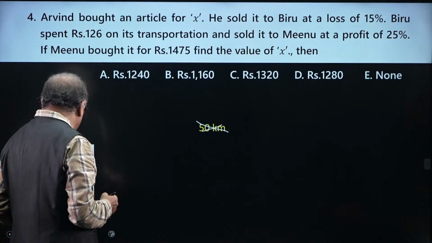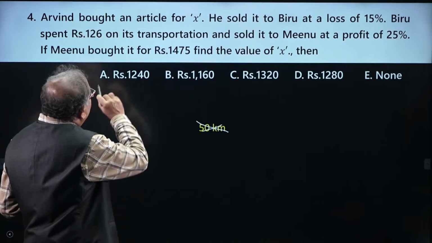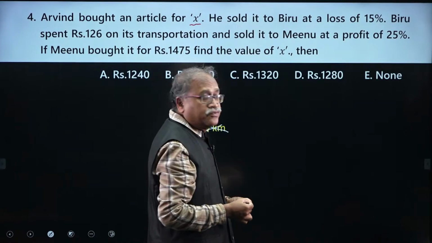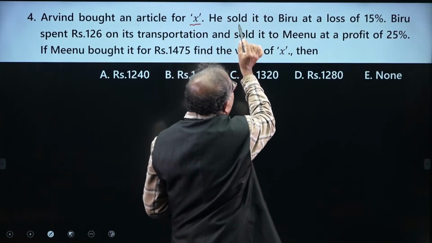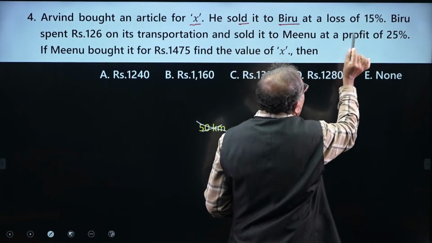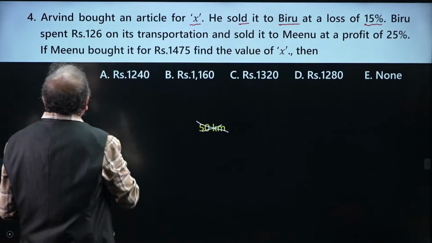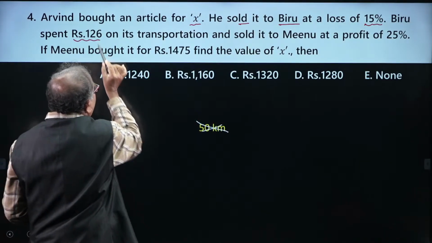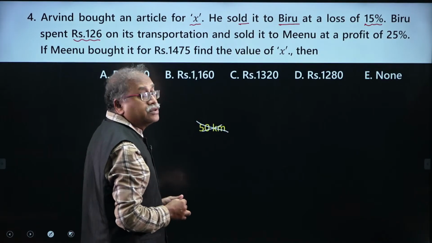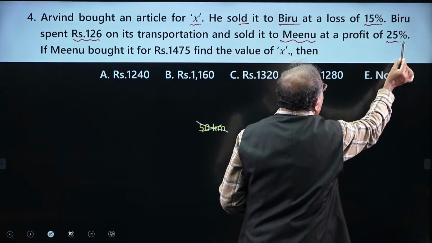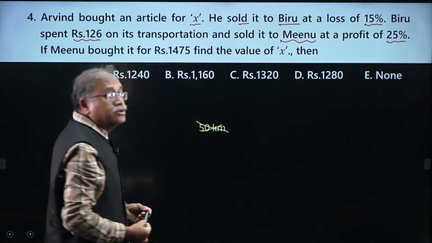Let us come over here. Now, you can see that Arvind bought an article for rupees X, fine. Now, he sold it to Biru at a loss of 15%, and Biru spent rupees 126 in transportation and sold it to Meenu at a profit of 25%.